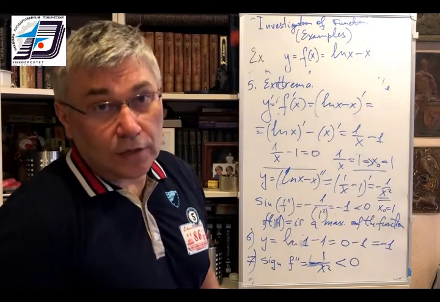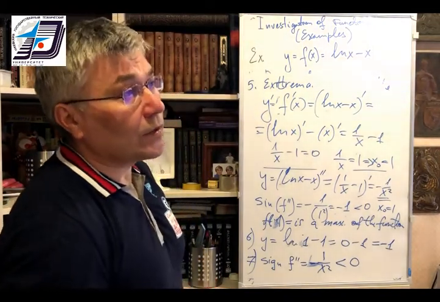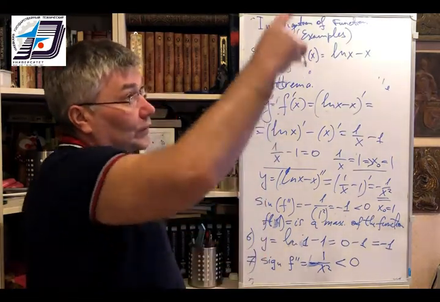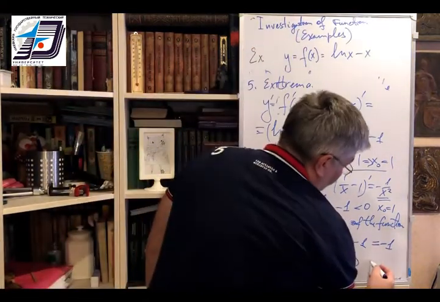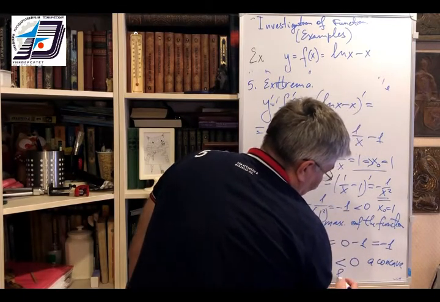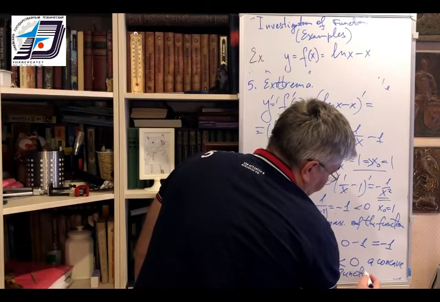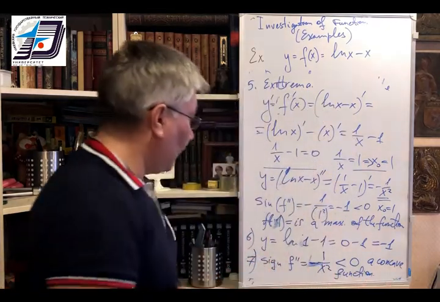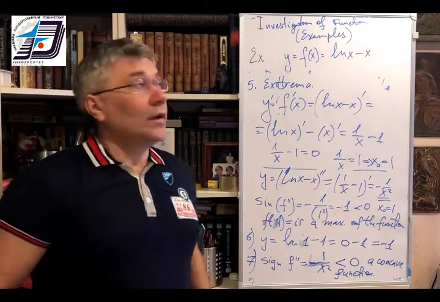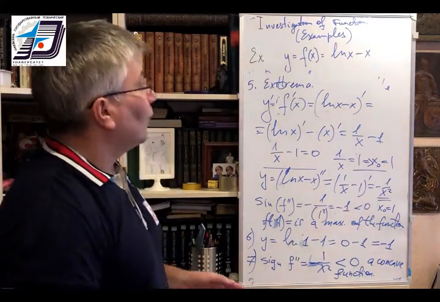And if it is negative, is it a convex or concave function? Concave function, so its slope looks up. So that finishes our investigation. Now we are ready to plot this graph.